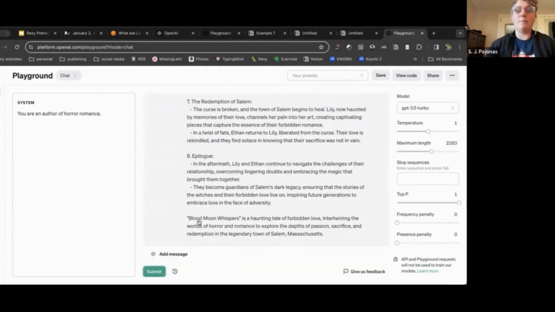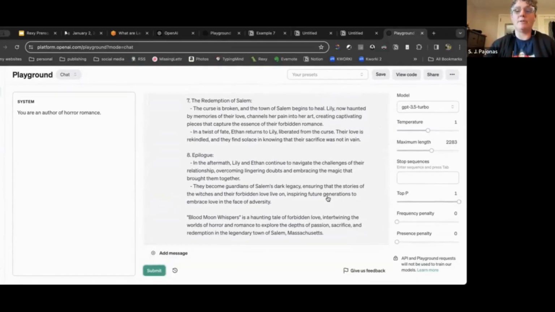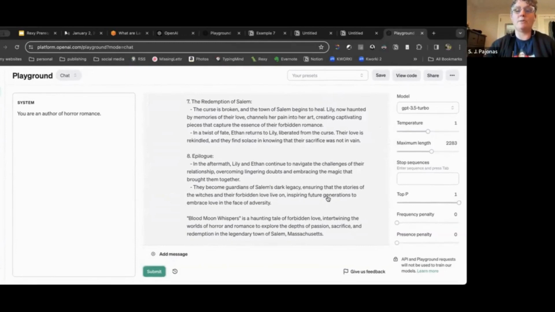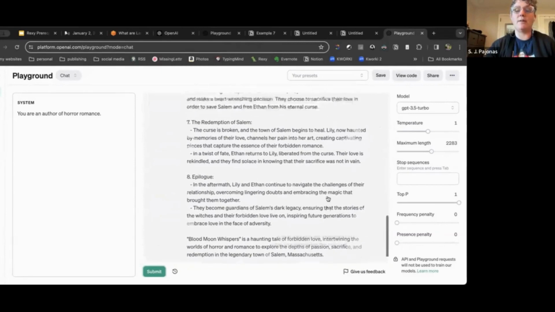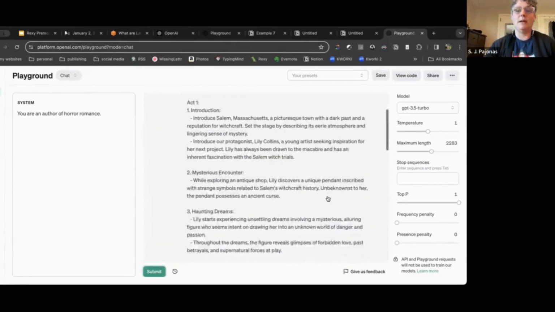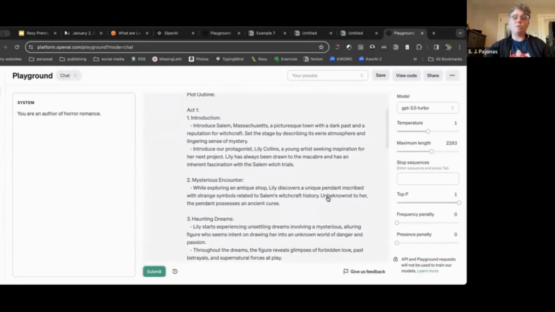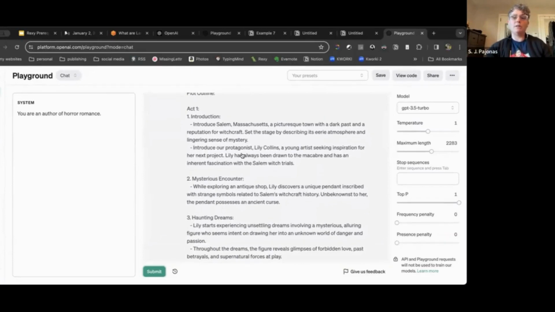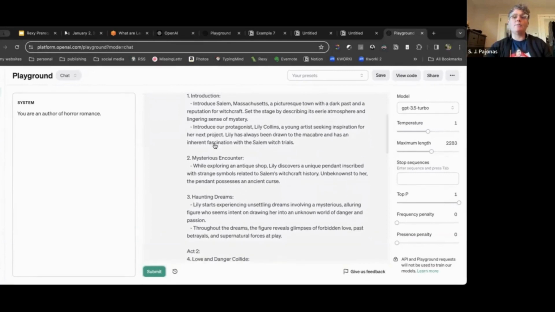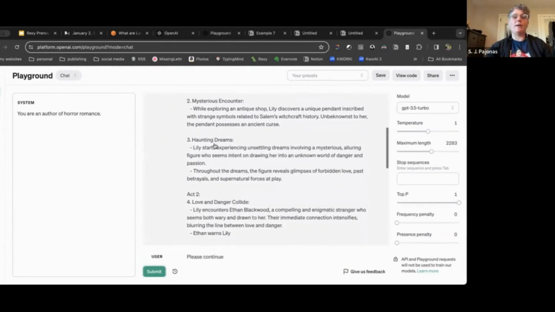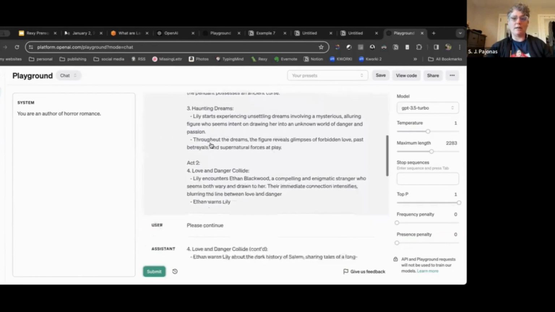Great. Blood Moon Whispers is a haunting tale of forbidden love intertwining the worlds of horror and romance to explore the depths of passion, sacrifice, and redemption in the legendary town of Salem, Massachusetts. It's a pretty standard outline here. Act 1, 2, 3. We got an introduction, introduce the picturesque town, a dark past, reputation for witchcraft, etc. Haunting dreams is the third thing here.